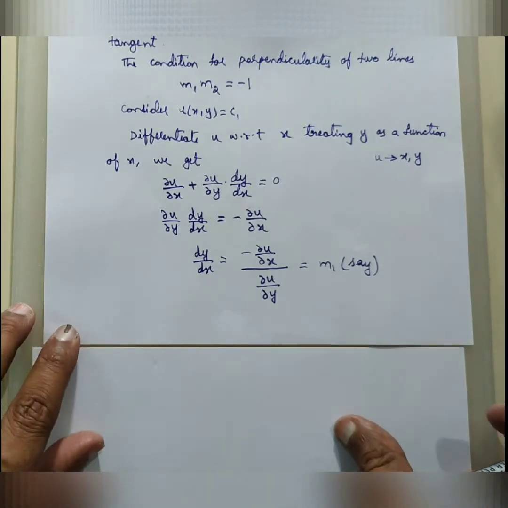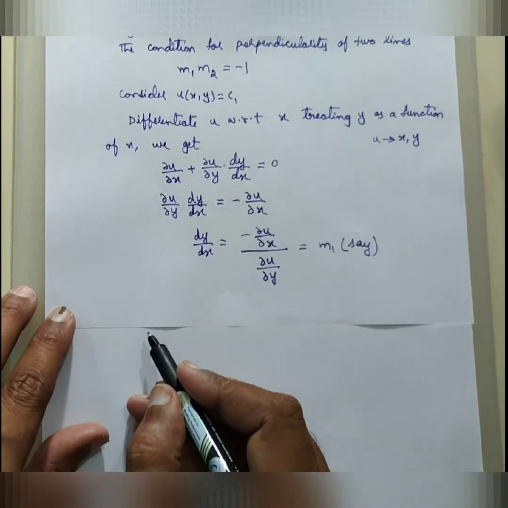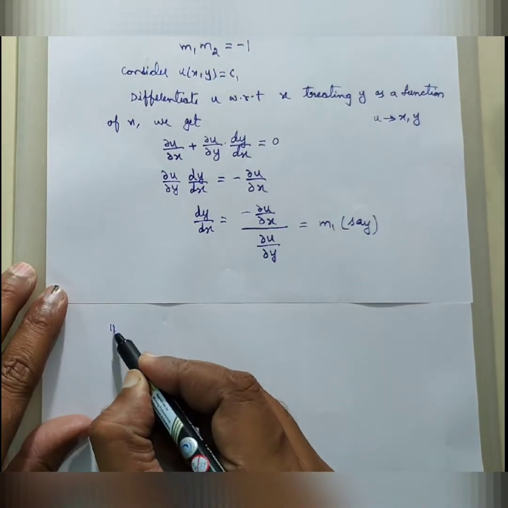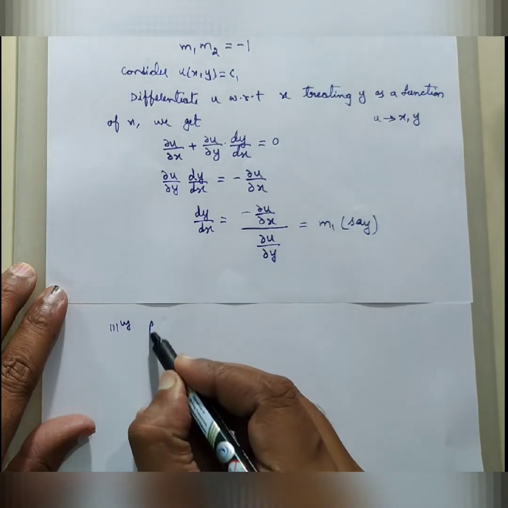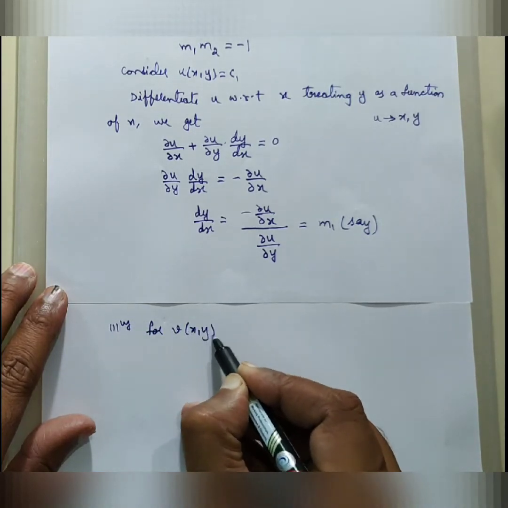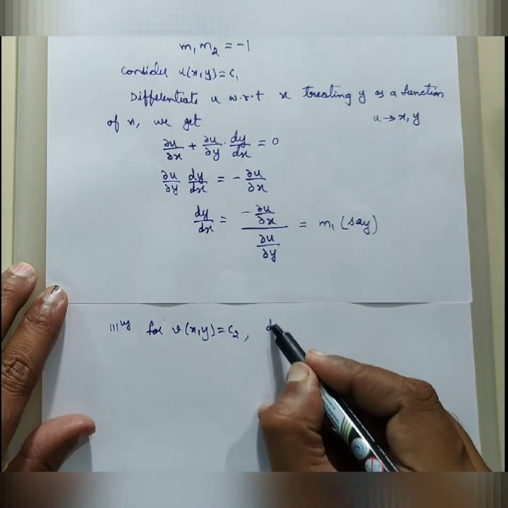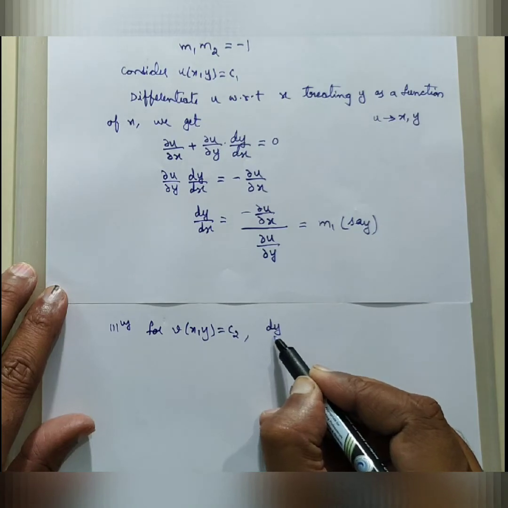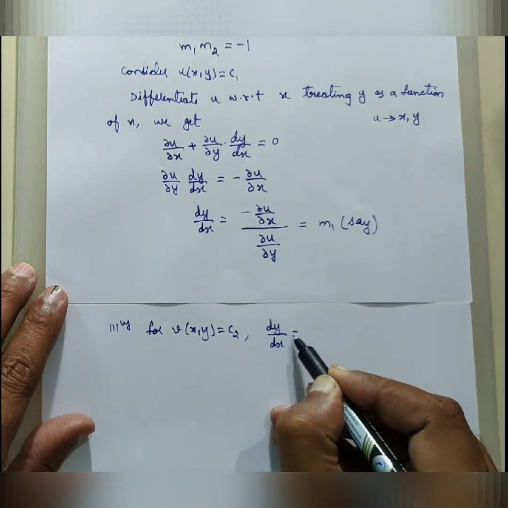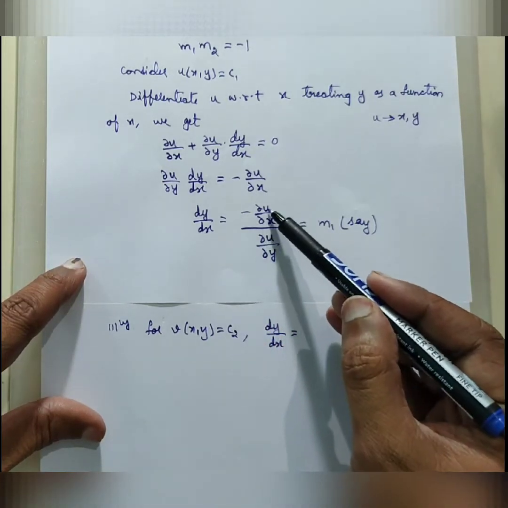Similarly, let us try to find the slope for the curve v. For the curve v of x comma y equals c2, what will be the slope, dy by dx? I can similarly write the same expression.